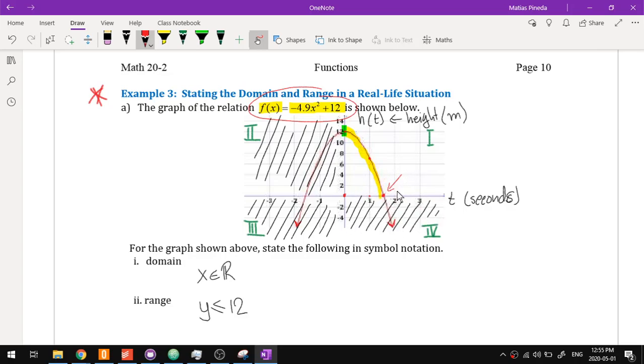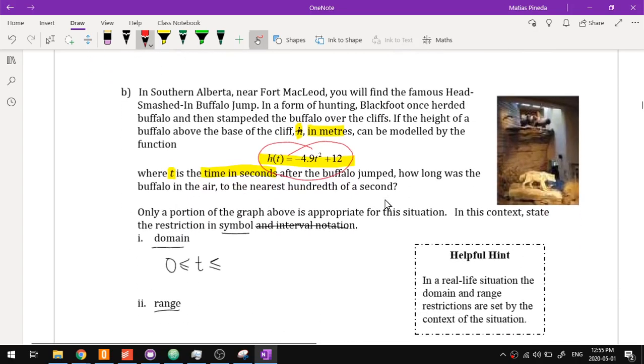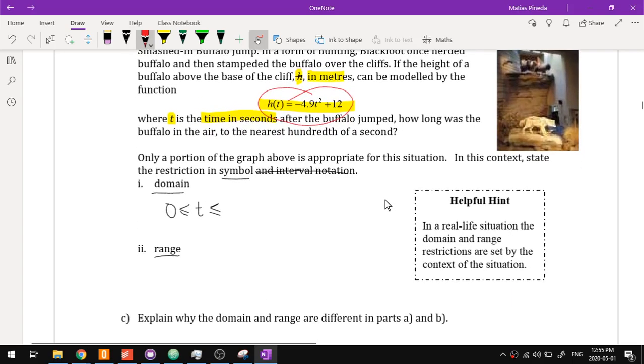But for this purpose, I'm going to say that this is approximately 1.5 seconds. This is just eyeballing it. It looks like it's about 1.5 seconds. I'm going to use that number here. So I'm going to say that the largest possible value for time is 1.5.